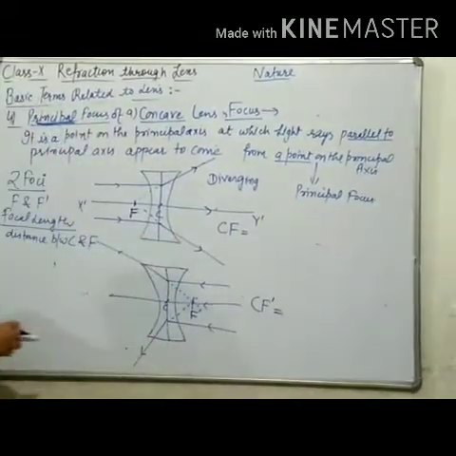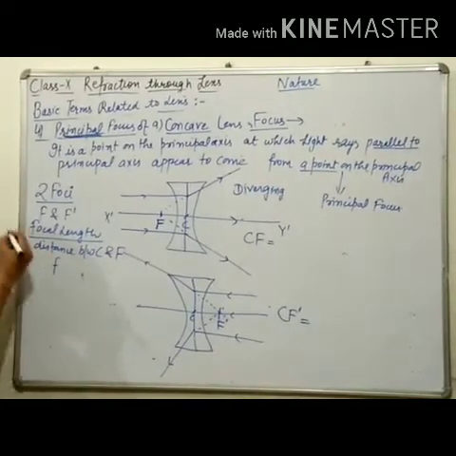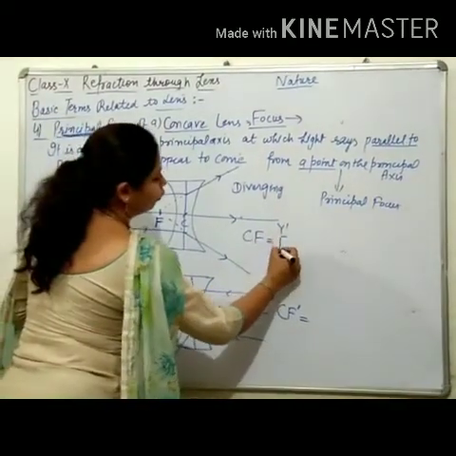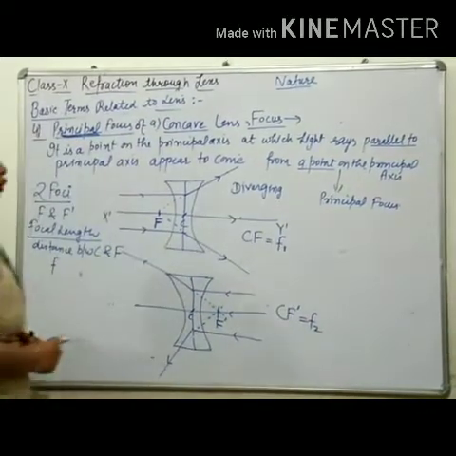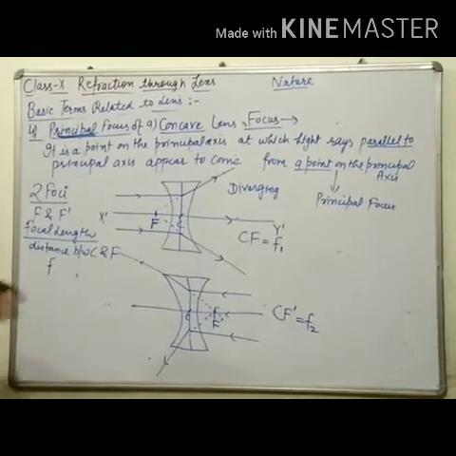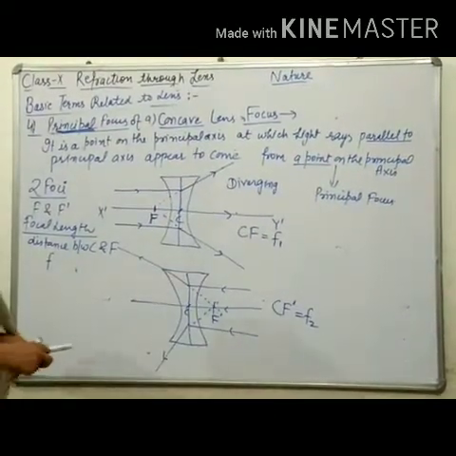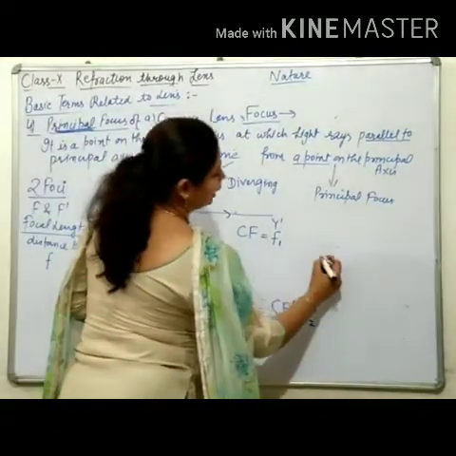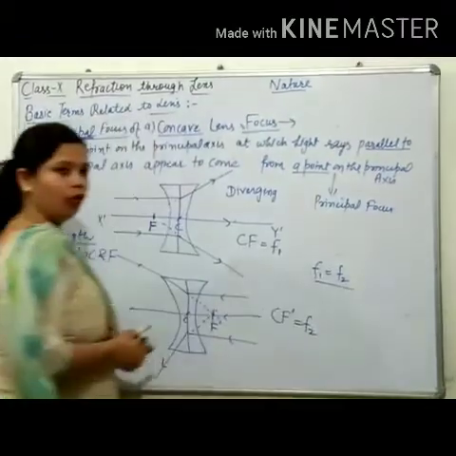Focal length is represented by small letter f, so the first focal length I am calling f1 and this one f2. There are two focal lengths, f1 and f2, and for the concave lens we are learning about, both focal lengths are equal, so f1 equals f2.